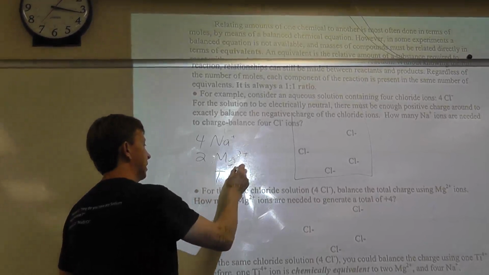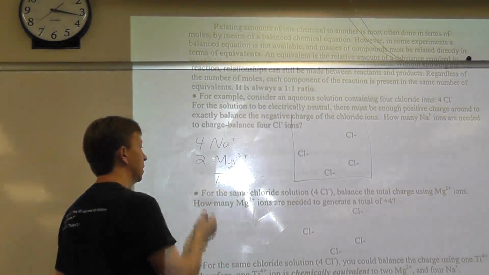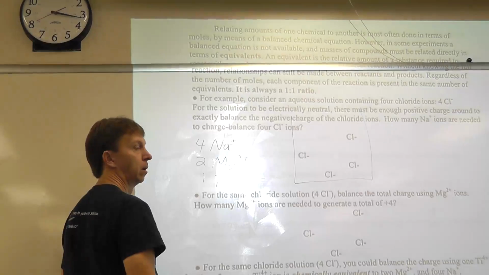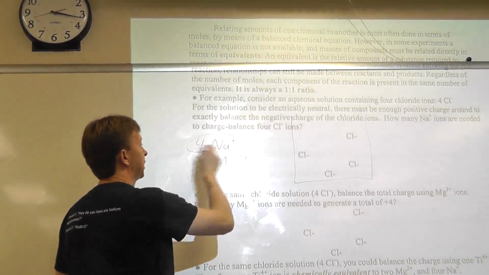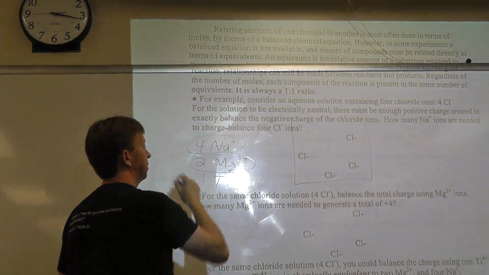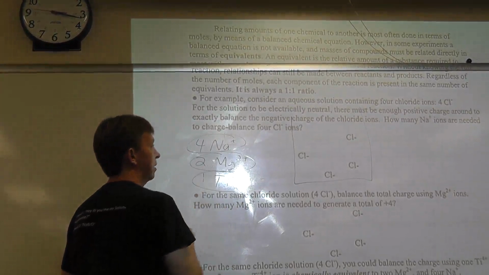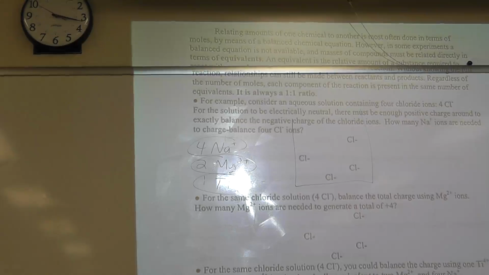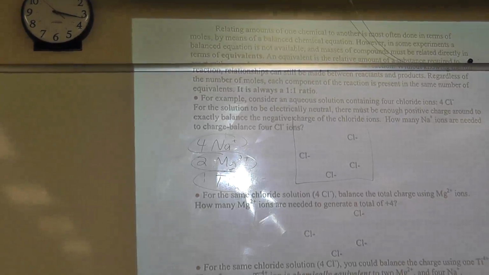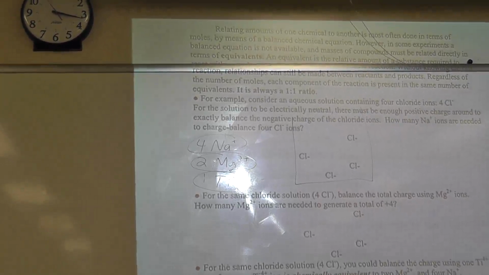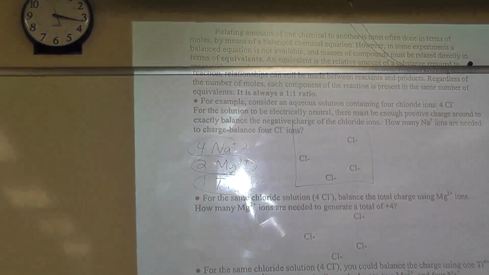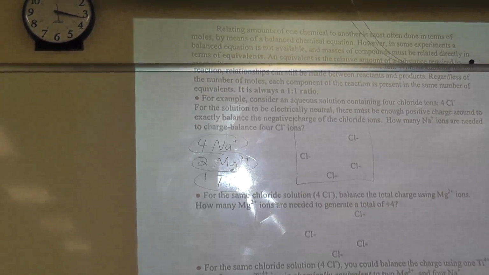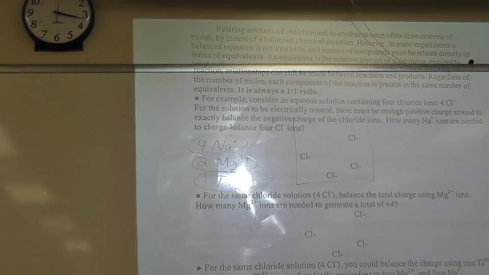And if we were using titanium 4, it'd be 1. All right. 4 sodium ions, or 2 magnesium ions, or 1 titanium ion would do the same amount of work, correct? Because ultimately what matters is we need to have 4 units of positive charge in that solution to counteract all the chlorides, right? It doesn't really matter where we get our 4 units of charge.